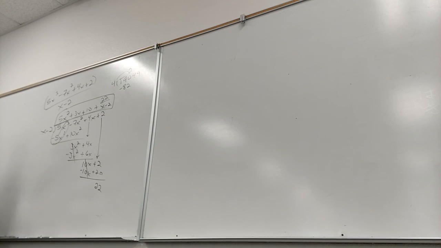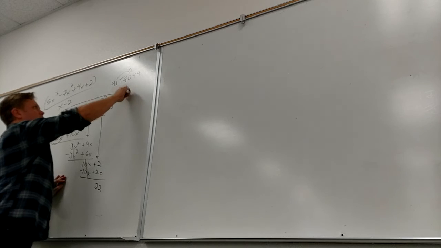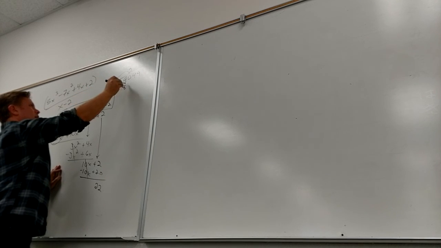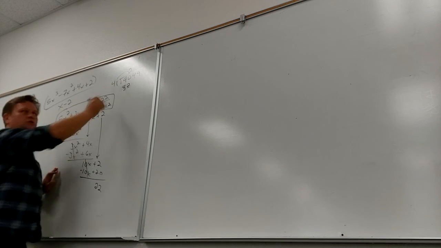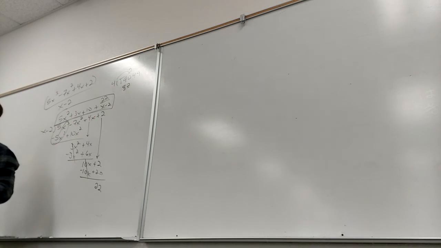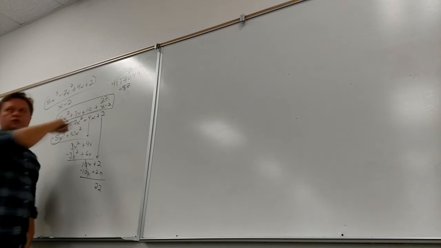Yes, ma'am? Could you please repeat again why you changed the sign next to 10x squared? Oh, okay. You ready? All right, so 2 times 40 is 80. 2 times 1 is 2. And then what do I do with 80 and 2? I change the sign. I subtract it. So I subtract 80 and 2.